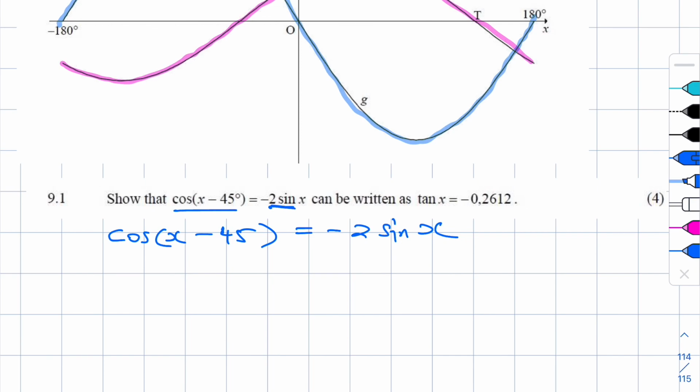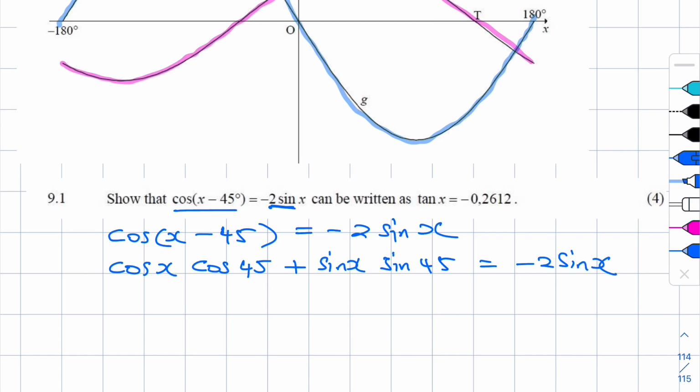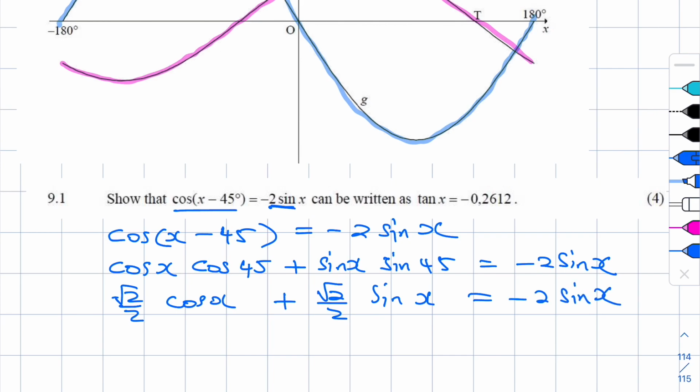So let's expand the cos(x − 45°). So it's going to be cos x cos 45 plus sin x sin 45 is equal to negative 2 sin x. Remember that cos 45 is square root of 2 over 2, so square root of 2 over 2 cos x, and sin 45 is square root of 2 over 2, plus square root of 2 over 2 sin x equal to negative 2 sin x.